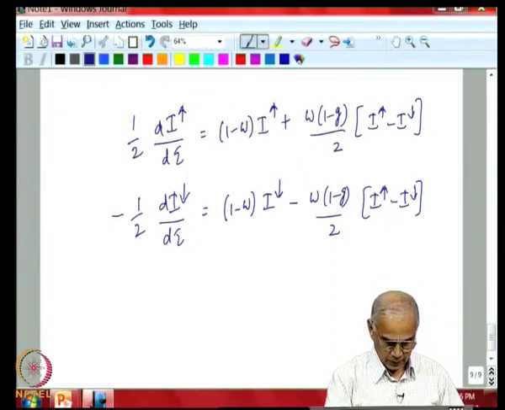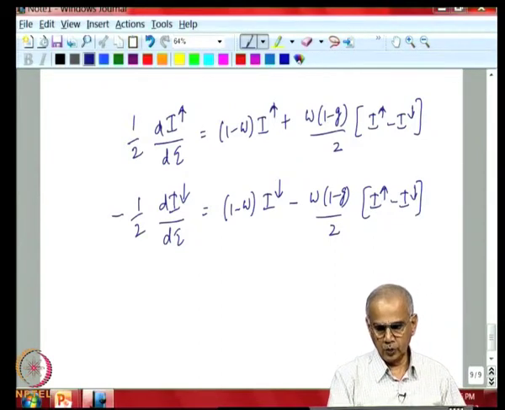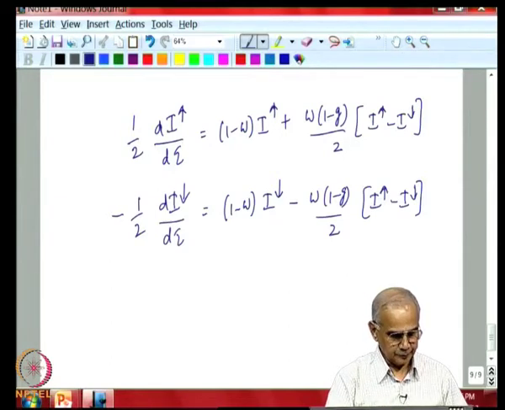So, we have two equations in two unknowns, I up and I down, in terms of two parameters, the single scattering albedo and the asymmetry parameter.